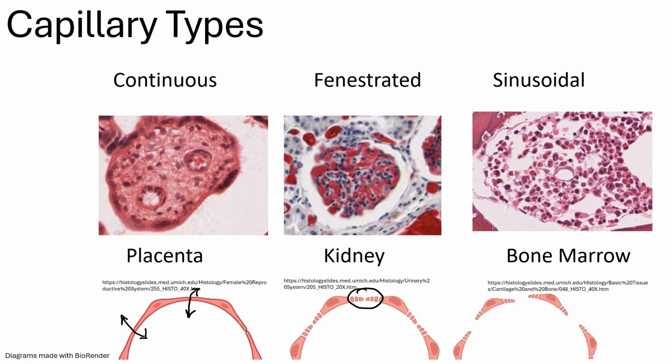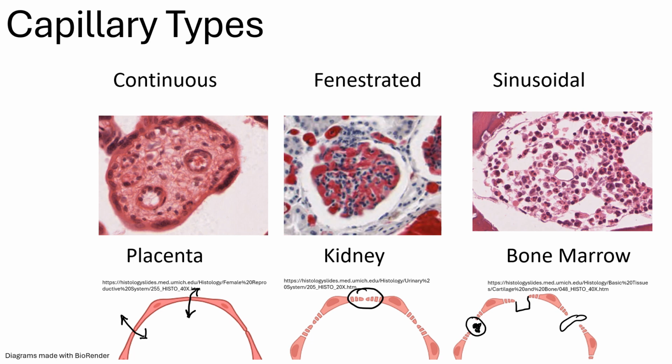And then the most permeable of capillaries are sinusoidal capillaries. Sometimes they're called discontinuous. They have extraordinarily large clefts, so large that we call them sinuses. Those are large enough for red blood cells and white blood cells to make their way through, right? Because there are cells being formed in the bone marrow and leaving.